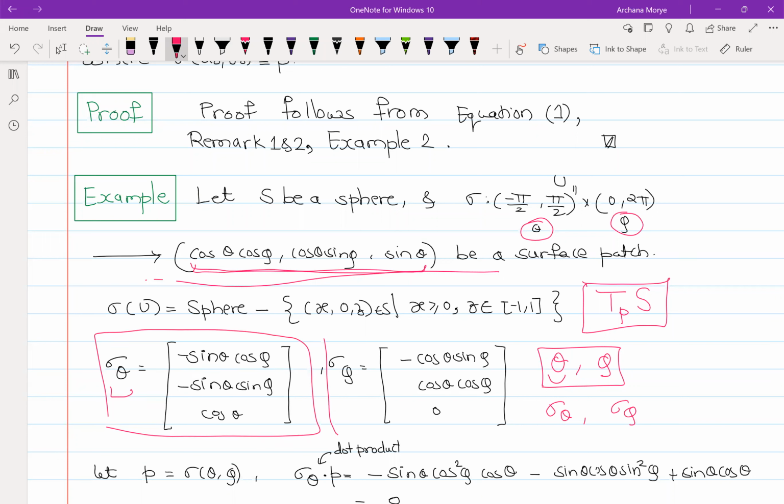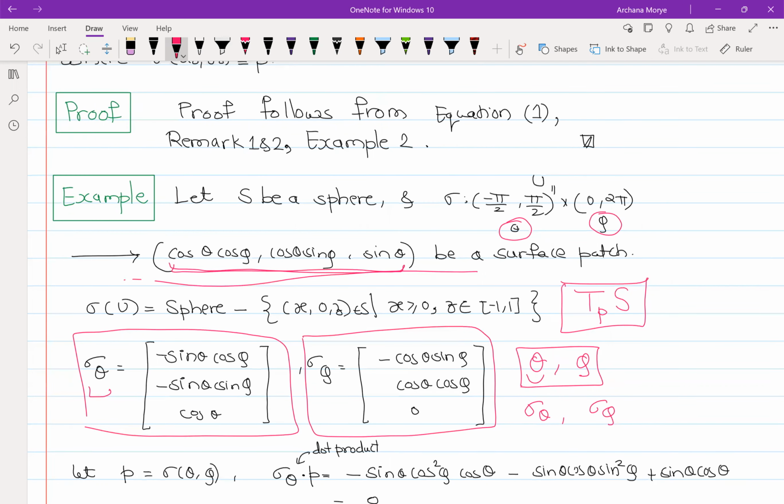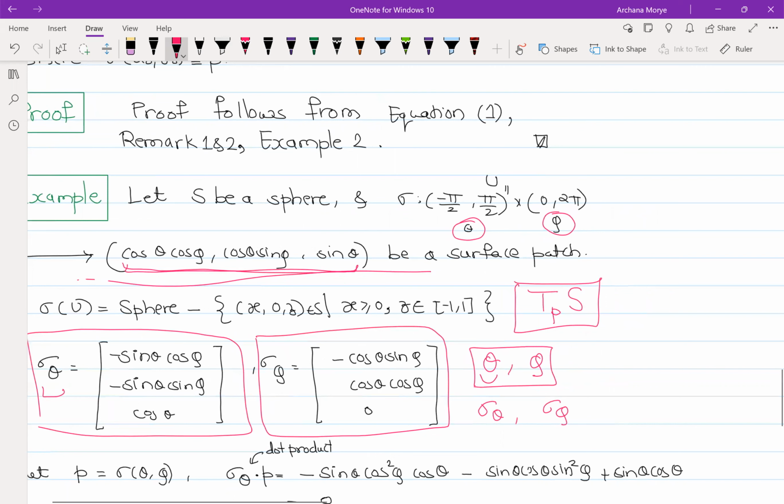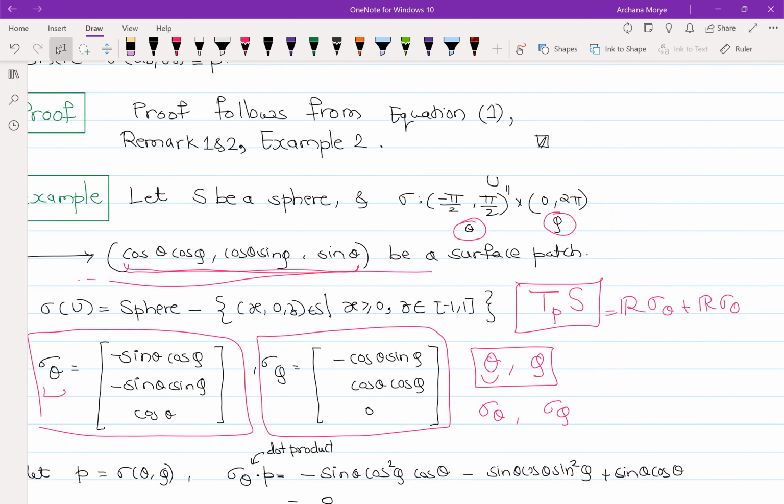And what is sigma phi? This. We are doing a partial derivative with respect to theta here, and a partial derivative with respect to phi here. So now TpS is going to be R times sigma theta plus R times sigma phi, by what we just proved. Are you convinced by this?